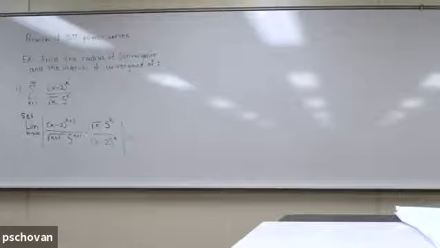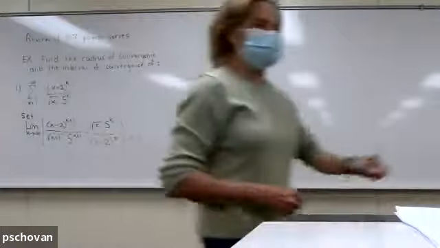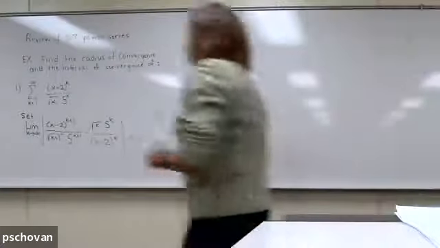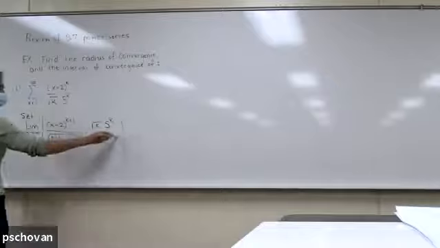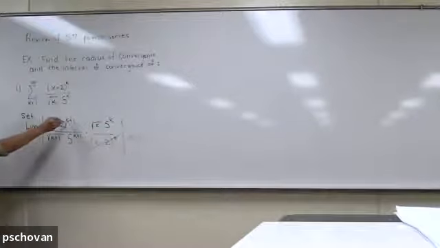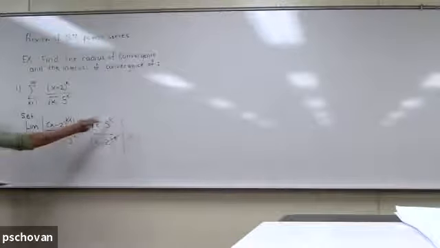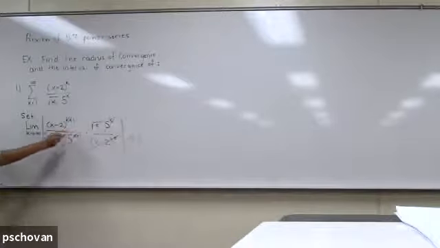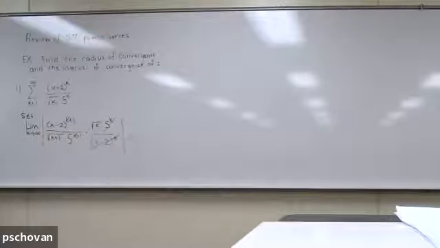We do our usual cancellation with the properties of exponents. This cancels that one and leaves me (x minus 2) to the first. And this cancels that one, leaving me a 5 to the first power. This has nothing to do with k, so I'm going to go ahead and pull it out in absolute value.